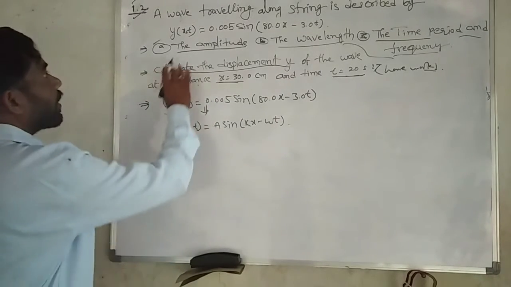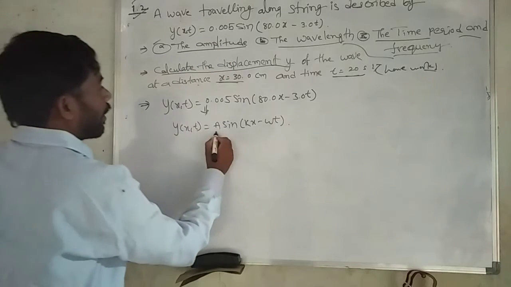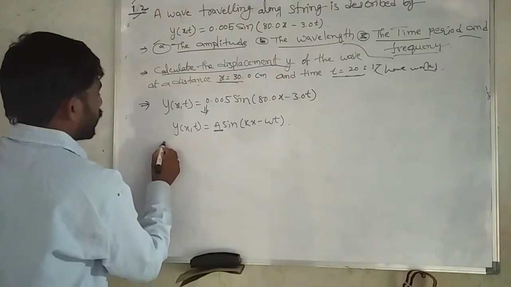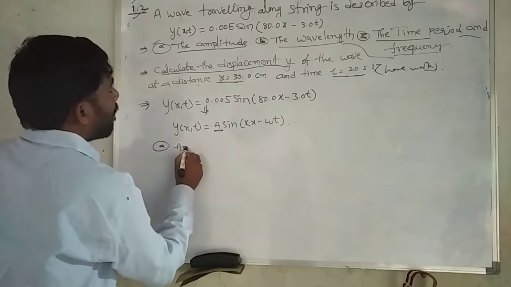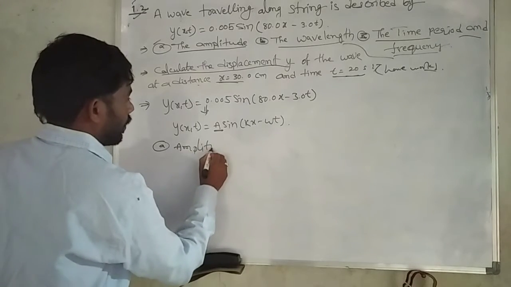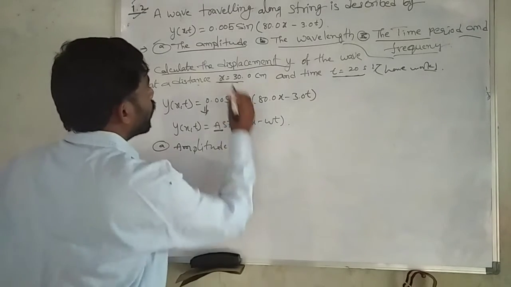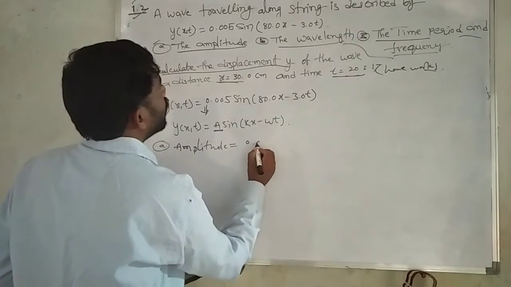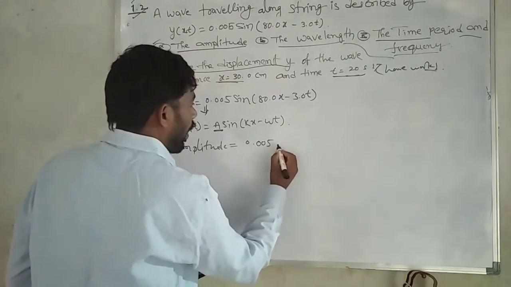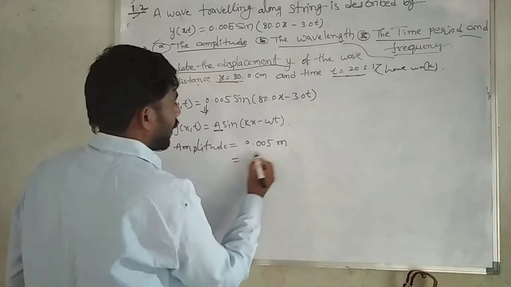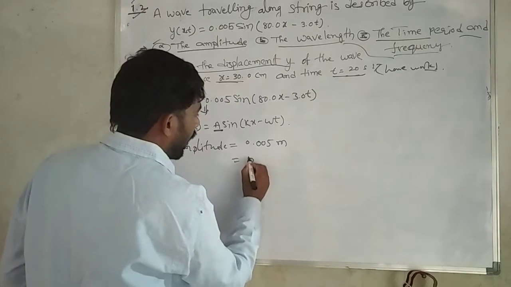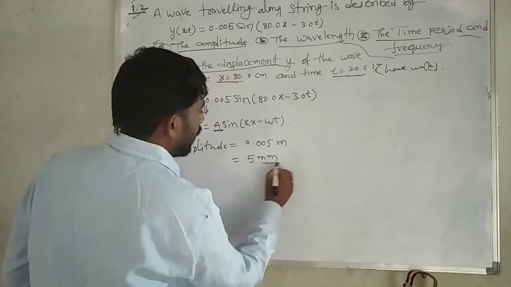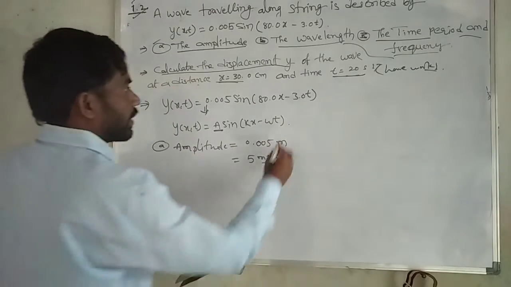So first one is amplitude. Amplitude is nothing but a. So a equal to amplitude, that one equal to 0.005 meters. We will write it as 5 millimeters. That one is the answer.